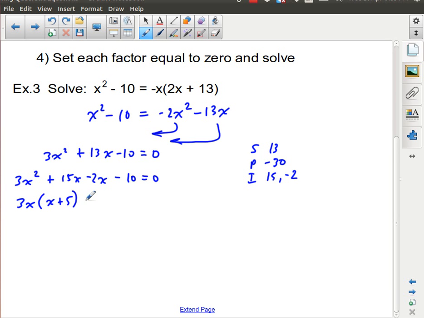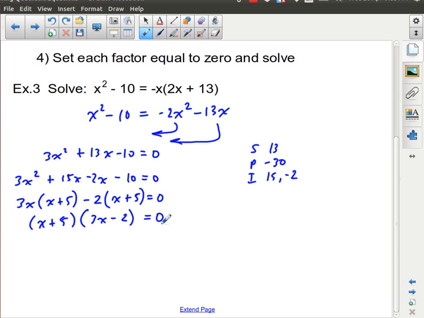I bring down the negative sign here, and between 2 and 10 there's the number 2. There's no common factor in the x's, so everything is left behind, which is x plus 5 equals 0. We have an x plus 5, which is now common, and 3x minus 2 is the other factor.